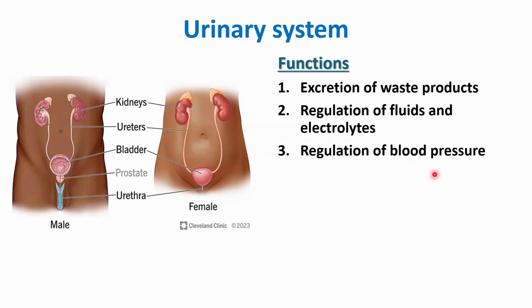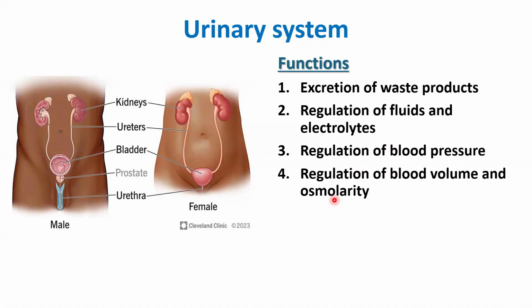If you have chronic kidney disease, it's likely you will have edema, or also left-sided heart failure. And the other one is regulation of blood volume and osmolarity, and detoxification of blood. This detoxification of blood goes hand in hand with the excretion of waste products.